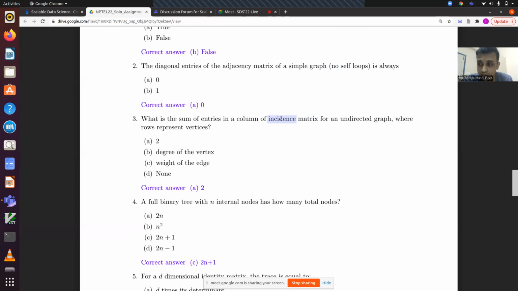Now, if you consider any column, each column represents what? One edge, exactly. Vertex is the same as node. Each column is an edge. So in the entire column, how many nodes can an edge be related to?